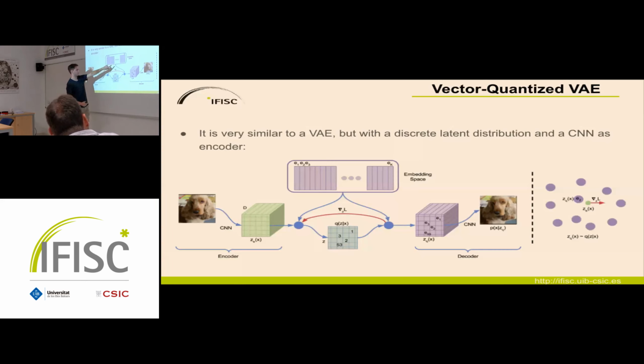So we are compressing the information in the sense that we are using only these codebook vectors. Once we have done this substitution, we reconstruct back the image. Since this operation is non-differentiable because we are hard-selecting one of the codebook vectors, we pass the gradient straight through the encoder, and we train the network separately, the encoder and the embedding space.